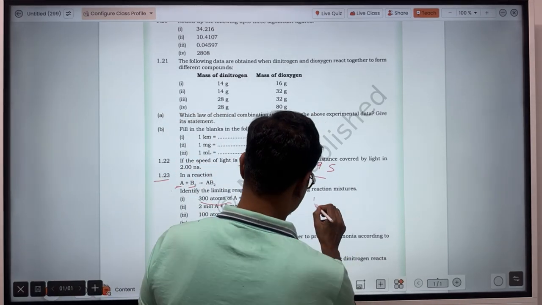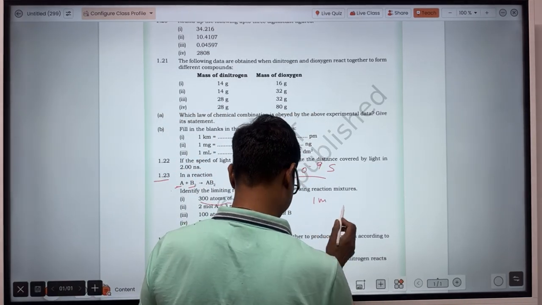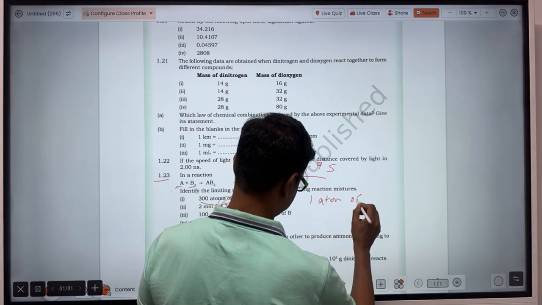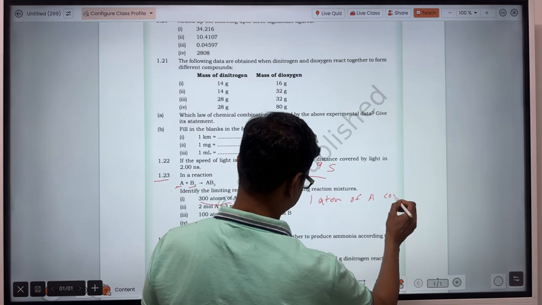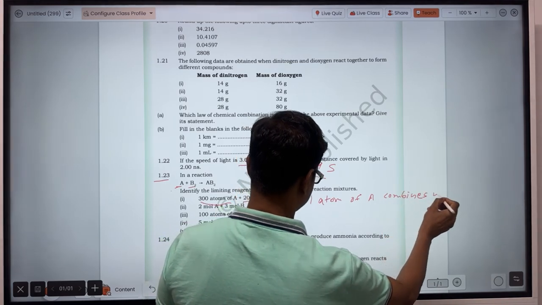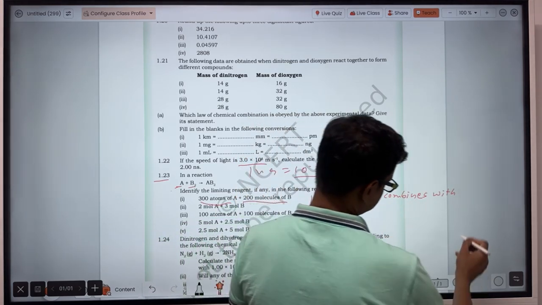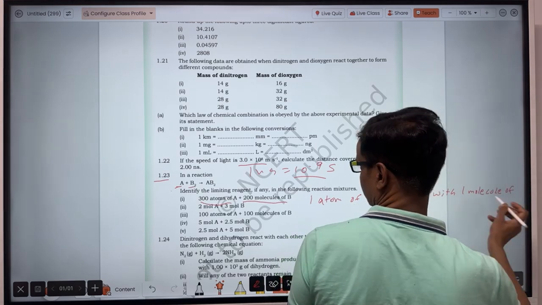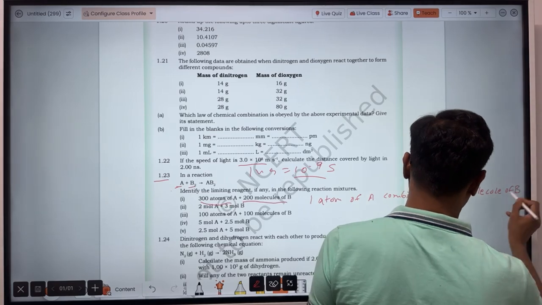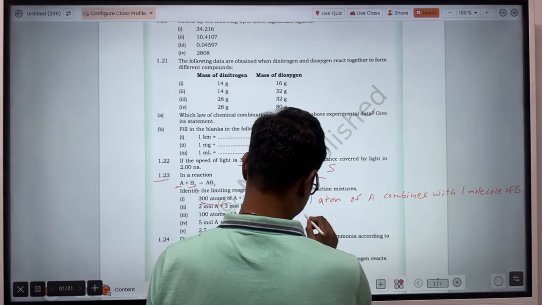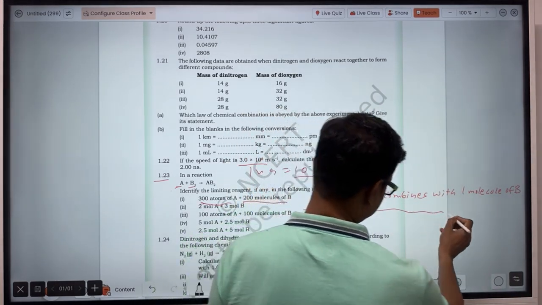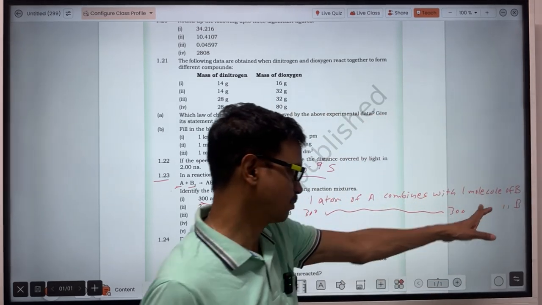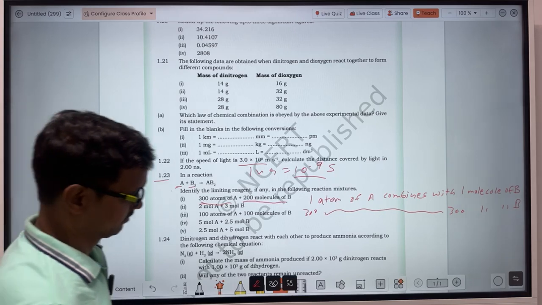Here it is 300 atoms, so 300 atoms of A will combine with how much? 300 molecules of B, but 300 molecules of B is not available.